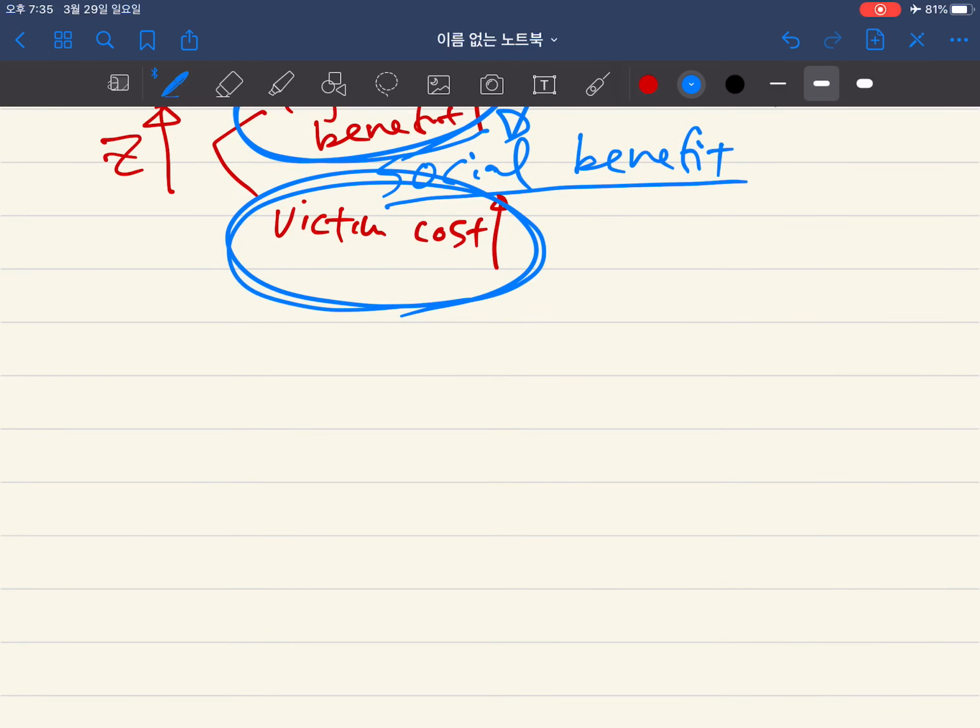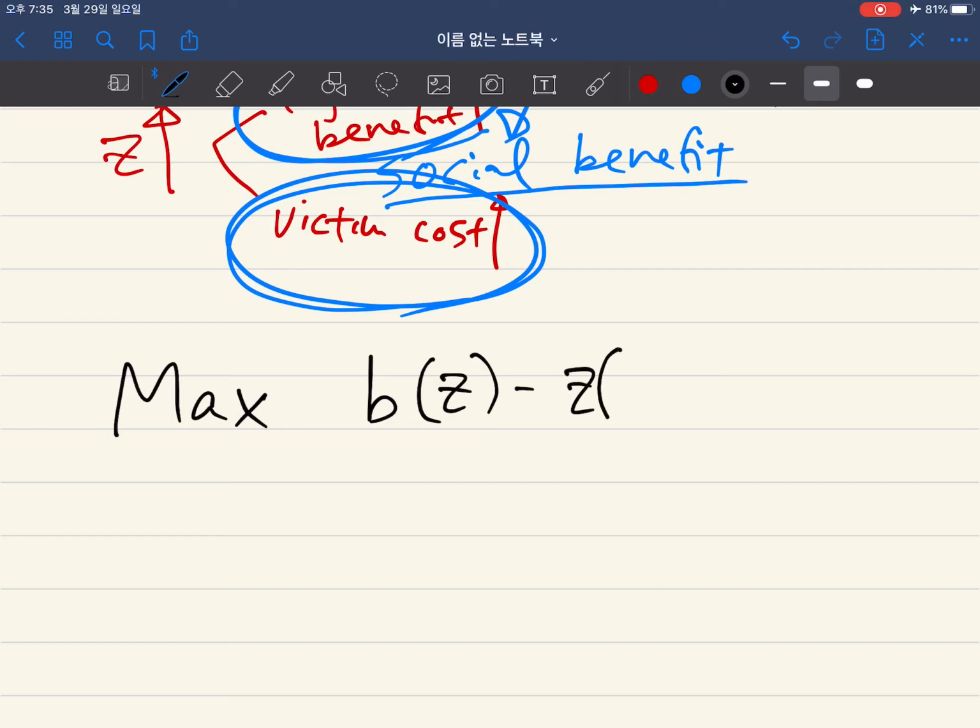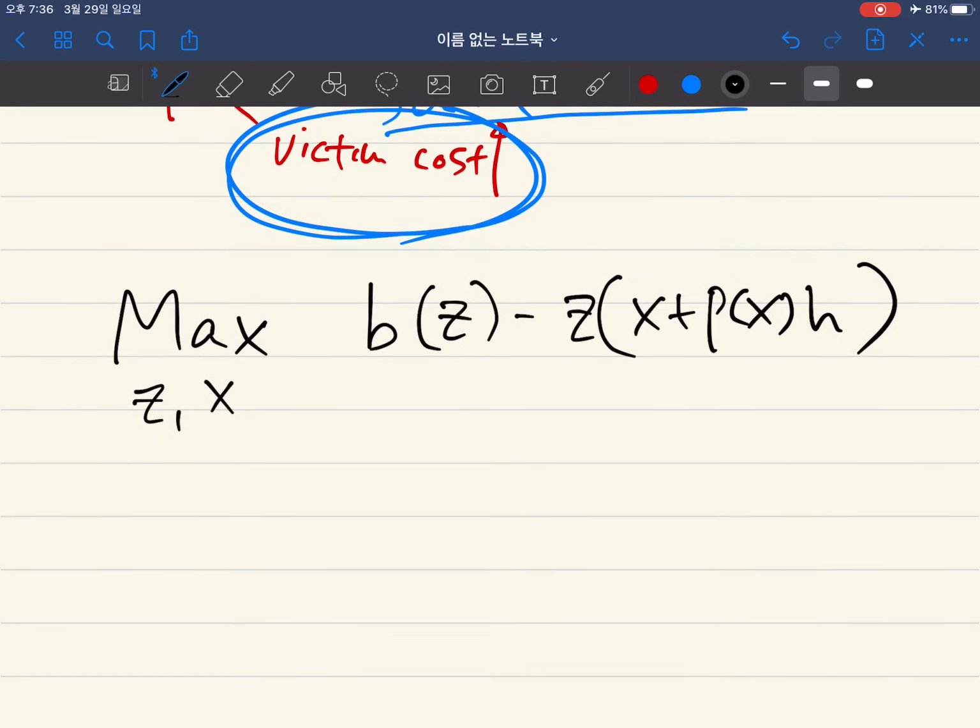So our social problem is that we want to maximize social welfare, and this is our social welfare. So we want to find the Z and X to maximize social welfare. If we solve this problem, the solution is going to be X star and Z star.